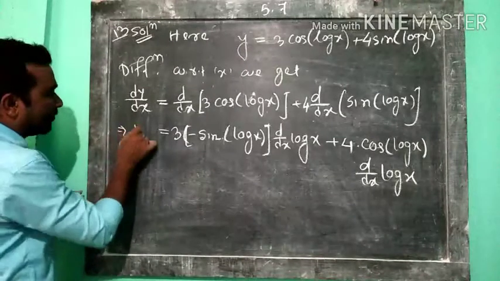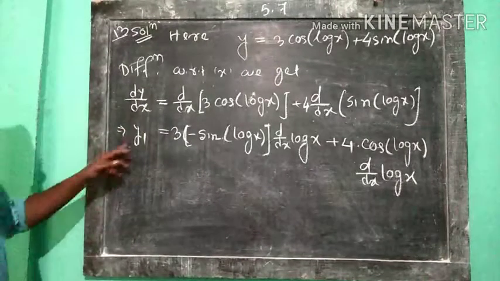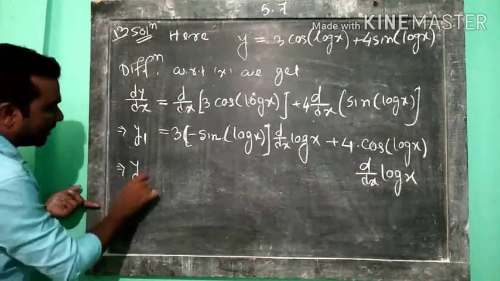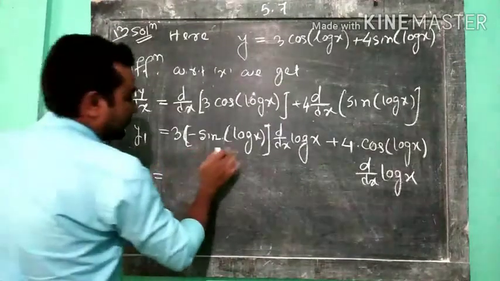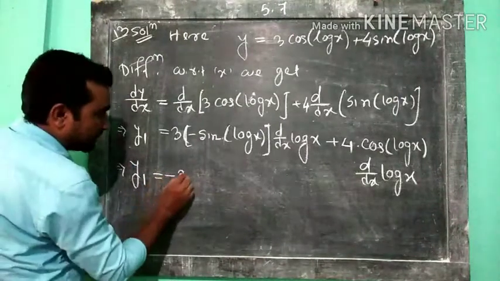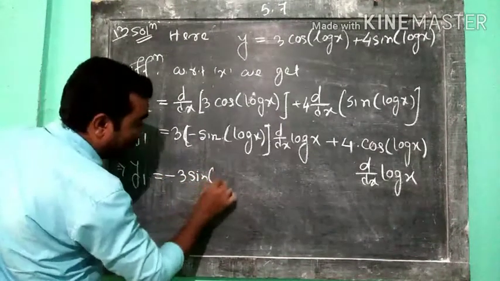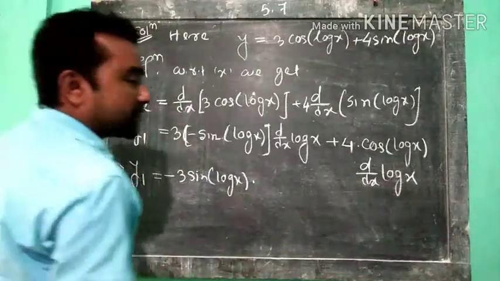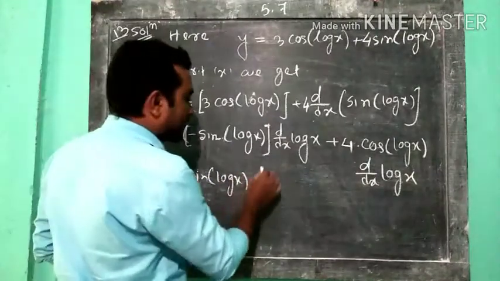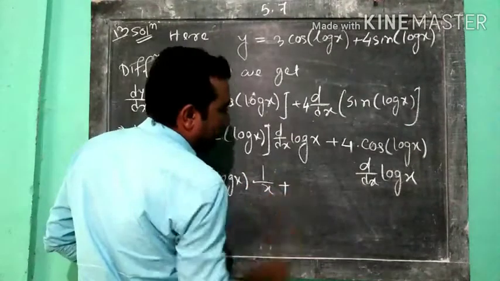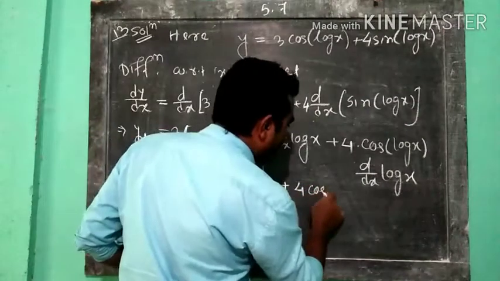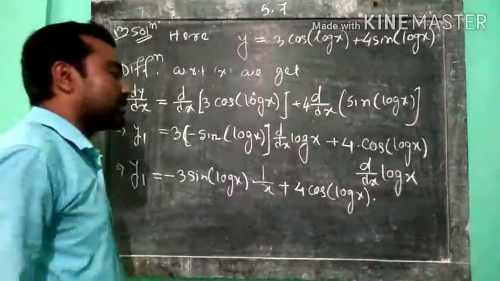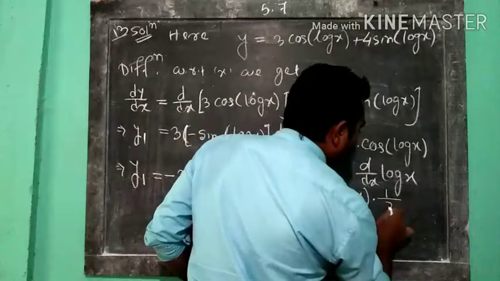So y1 equals minus 3 sin log x into d/dx of log x, plus 4 cos log x into d/dx of log x. We know d/dx of log x is 1 by x.